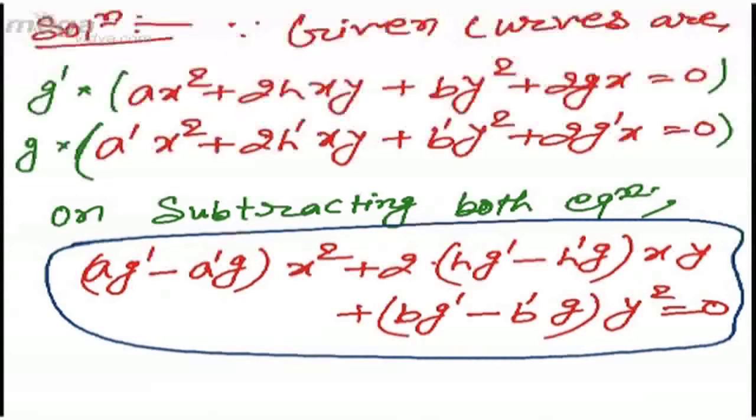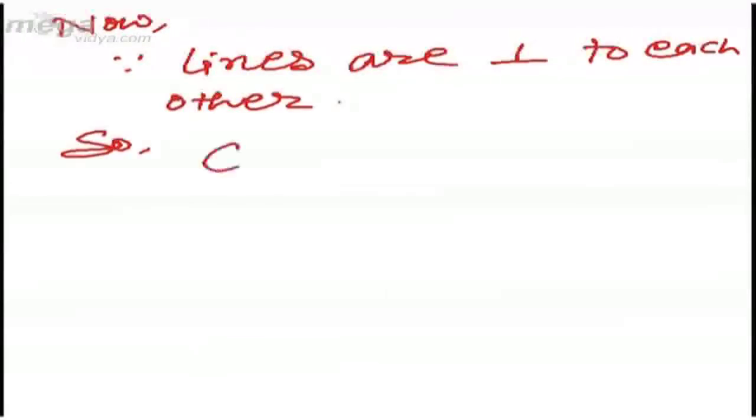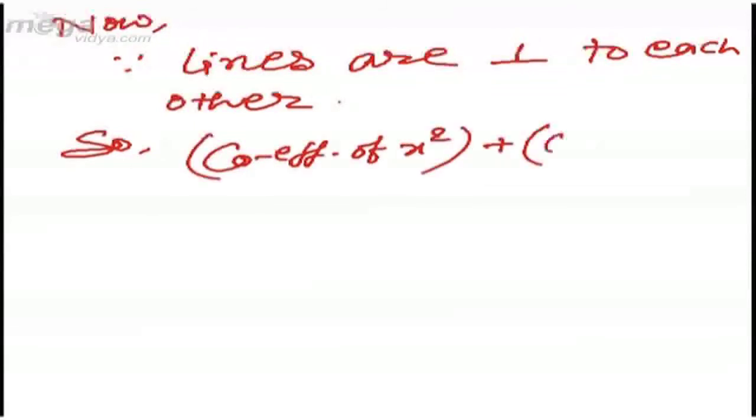Right angles to one another means the sum of coefficients of x square and y square will be equal to 0. Since the lines are perpendicular to each other, coefficient of x square plus coefficient of y square equals 0.